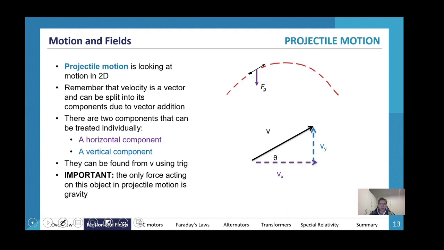With projectile motion, something is being shot at an angle, and it's following a path which includes both vertical displacement and horizontal displacement. So you can break up the velocity into two components, because remember, velocity is a vector. It has a horizontal component and a vertical component. You can use the head to tail method to break down the velocity into its constituent components.